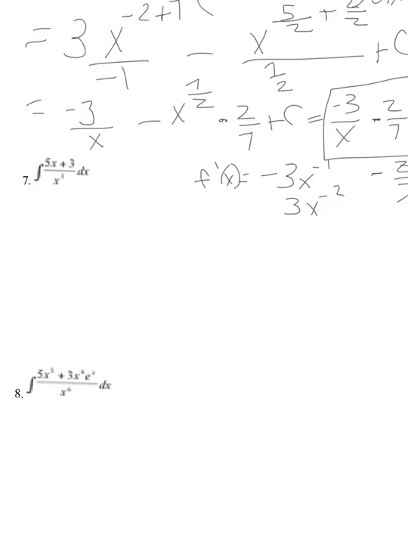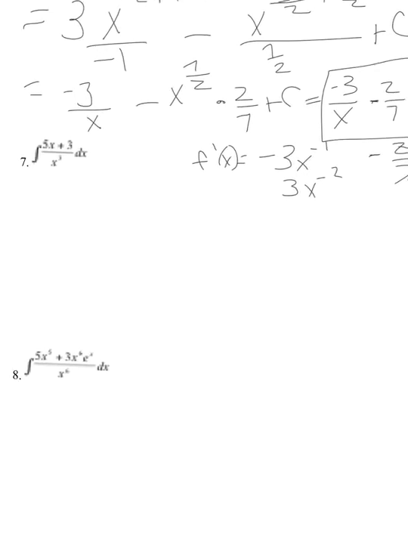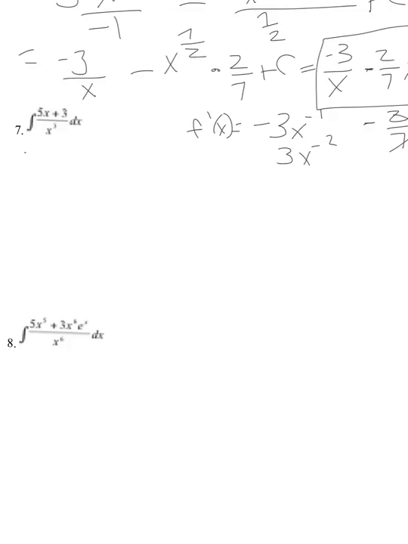So why don't we just rewrite this as the indefinite integral of our 5x plus 3 in parentheses, multiplied times x to the negative 3rd power. That way, when we distribute, the negative exponent will already be there, and it's going to make it easier for us to integrate anyway.